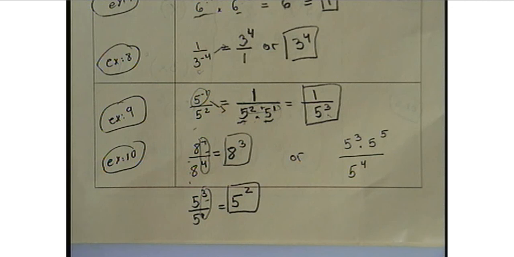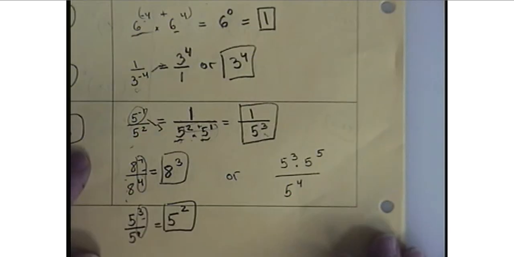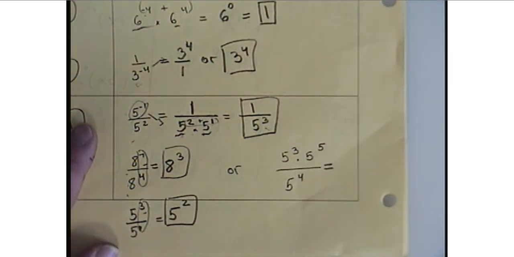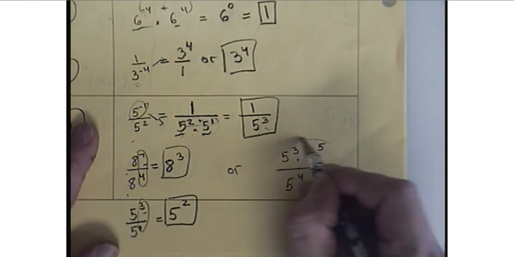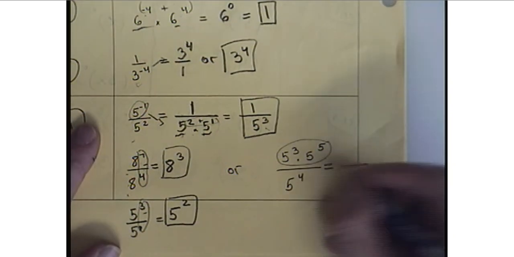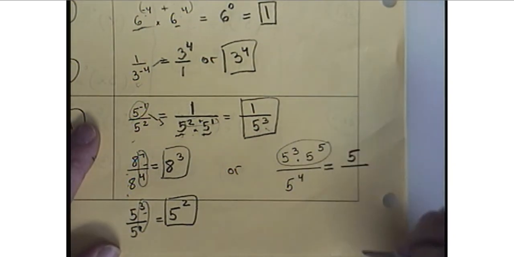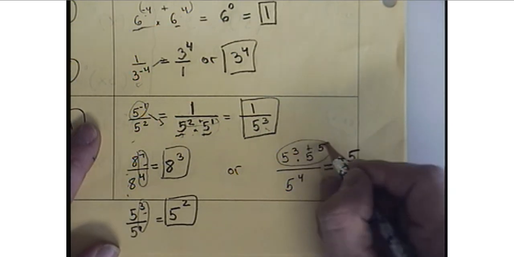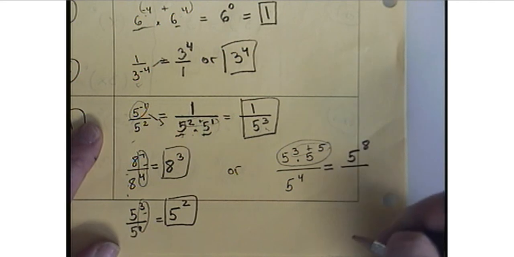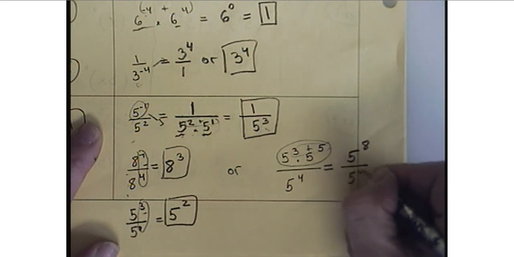And the final example that I want you guys to look at, we have another couple steps to deal with. First thing, we gotta take care of this. We're multiplying two powers with the same base. So I put base of 5, and then we're adding their exponents. 3 plus 5 is 8. So I have 5 to the 8 on the top and 5 to the 4th on the bottom.